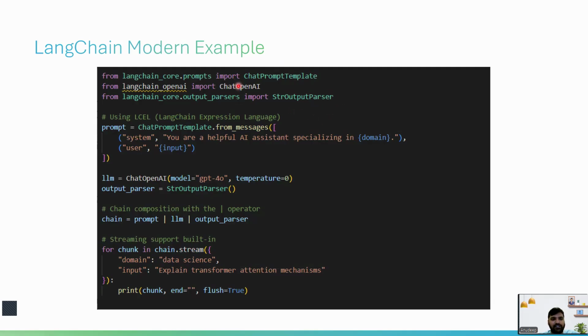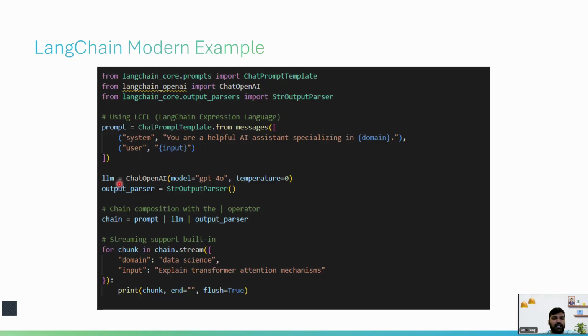Using these functions, we are now going to use LangChain Expression Language to declare and send a prompt into the LLM. So what is our prompt? We are basically telling the system to be a helpful assistant specializing in a domain that we input, and user input is directly taken into the LLM.